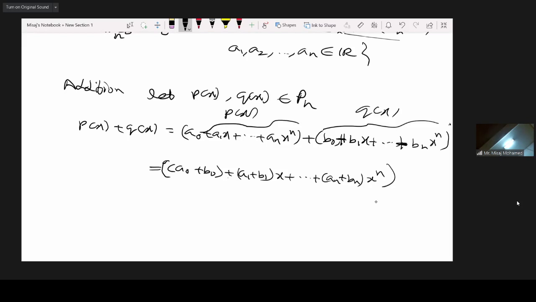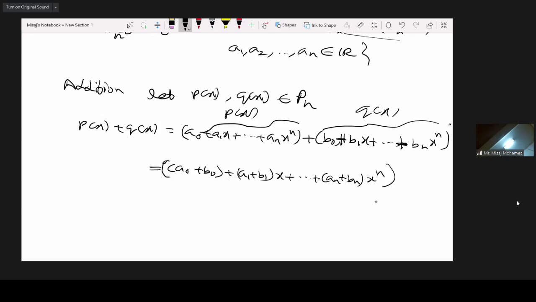This is how addition is defined. Again, only the corresponding coefficients you have to add. Whether this is a vector space or not, you have to check all the properties. This is another example. You all do it at home.